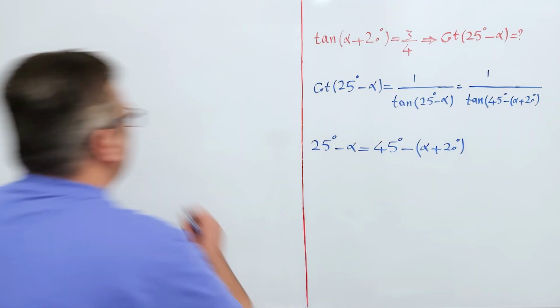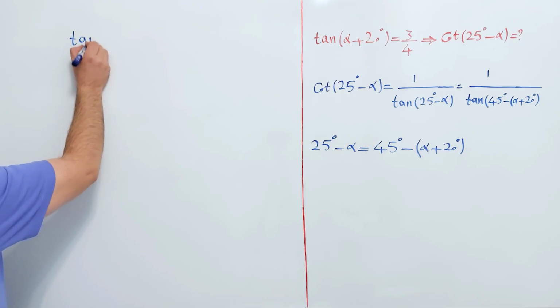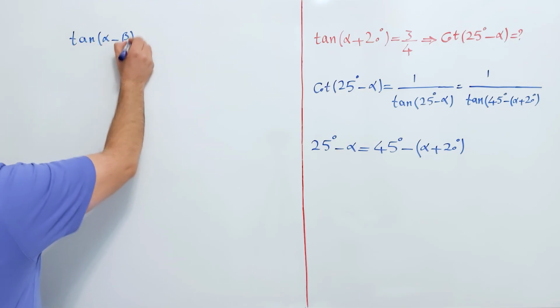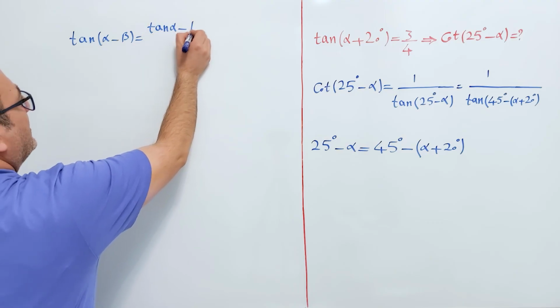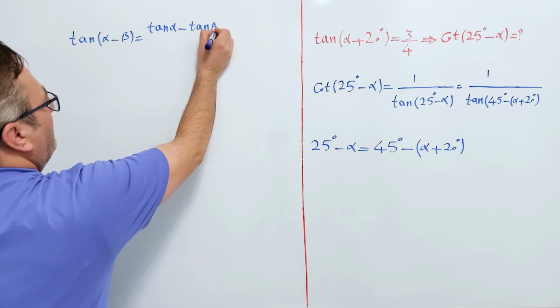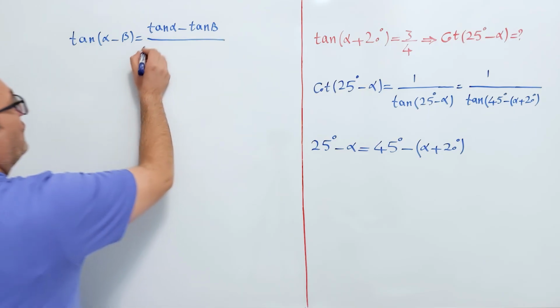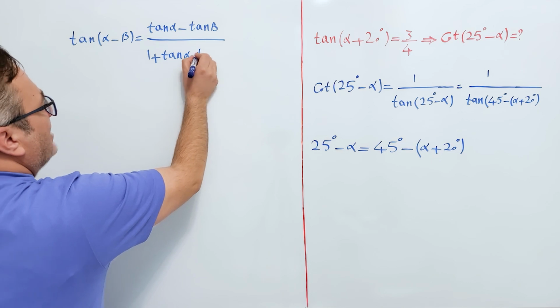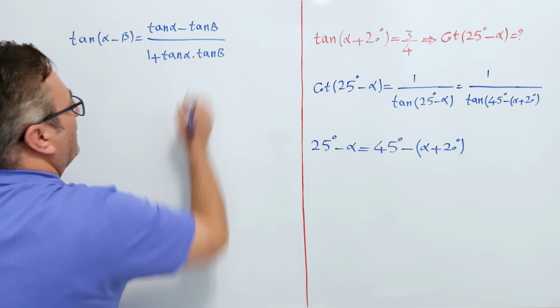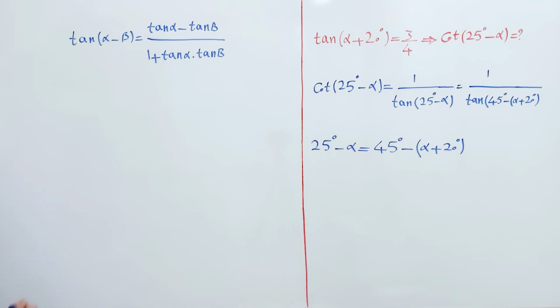45 degrees minus alpha plus 20 degrees. Alright? And we know that tangent of alpha minus beta is equal to tangent of alpha minus tangent of beta divided by 1 plus tangent of alpha times tangent of beta. Do you remember this formula?